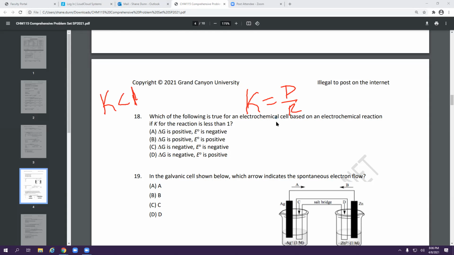It favors reactants. Reactants are high, products are low, K is small. Is K negative? Could it be negative? K can never be negative, no. But it makes it easy to assume that K is negative for certain things.